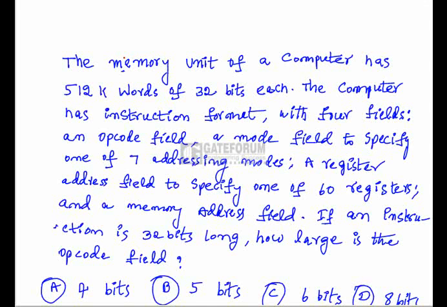The memory unit of a computer has 512 kilowords of 32 bits each. The computer has an instruction format with 4 fields: an opcode field, a mode field to specify one of the 7 addressing modes, a register address field to specify one of 60 registers, and a memory address field. If an instruction is 32 bits long, how large is the opcode field?